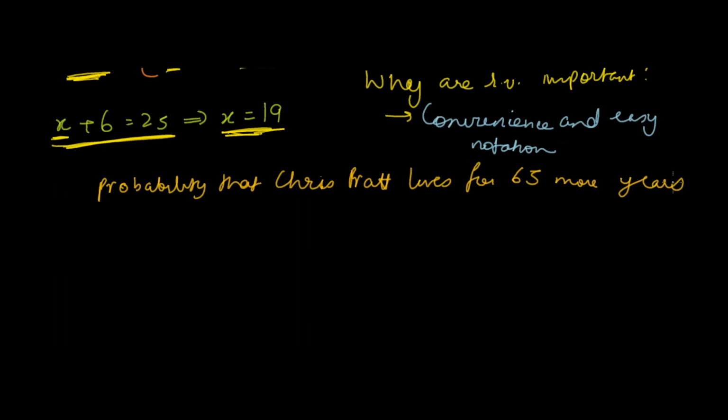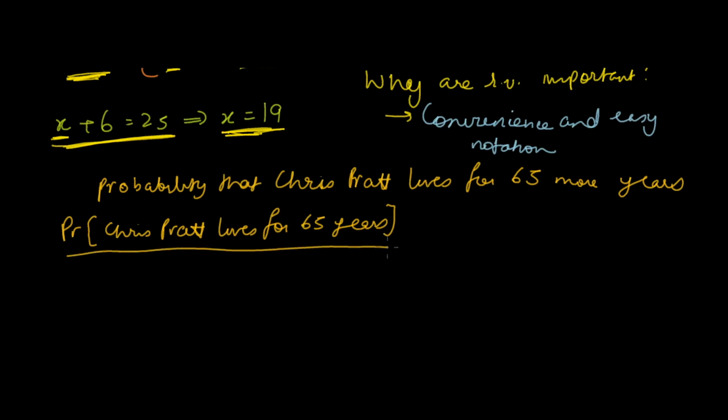From a mathematical notation, if you remember from high school, we could write this as the probability that Chris Pratt lives for 65 years. And you would have to write this whole sentence every time you're referring to this specific probability. And imagine having to write that 10 or 15 times, or maybe even 4 or 5 times alone, every time you were calculating this specific probability.